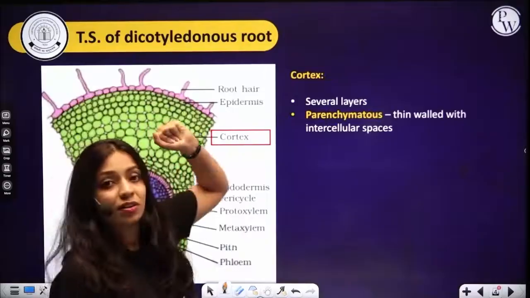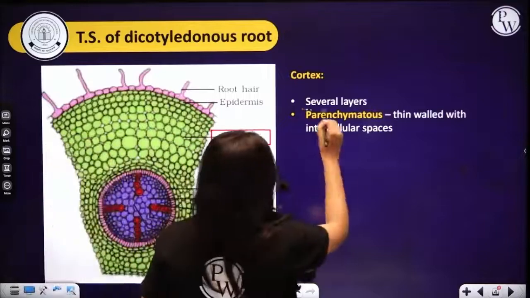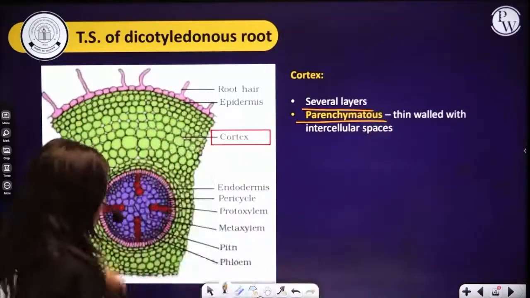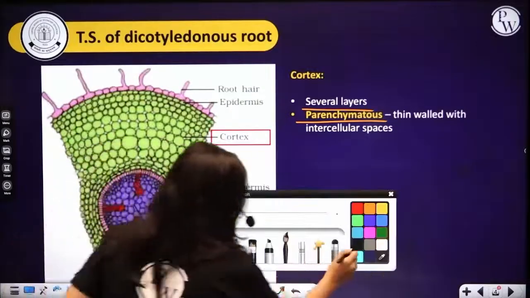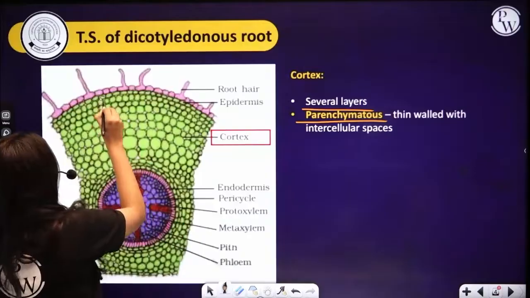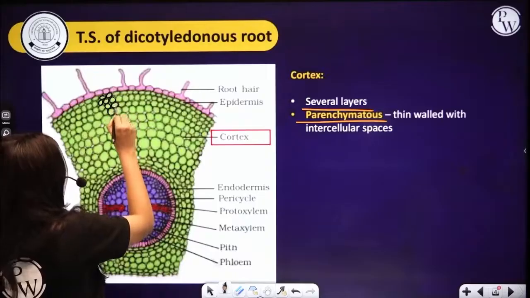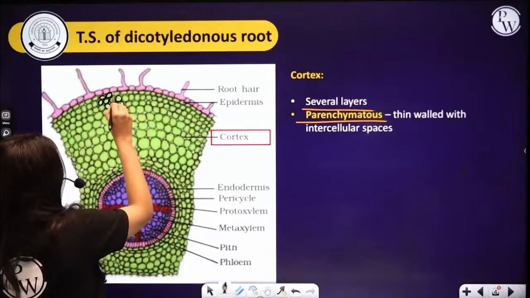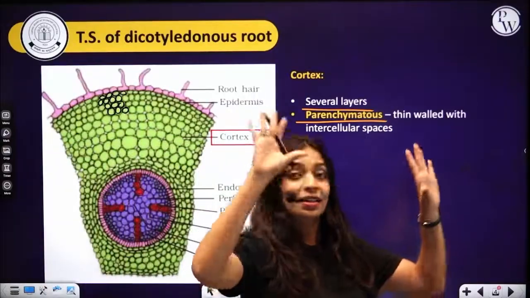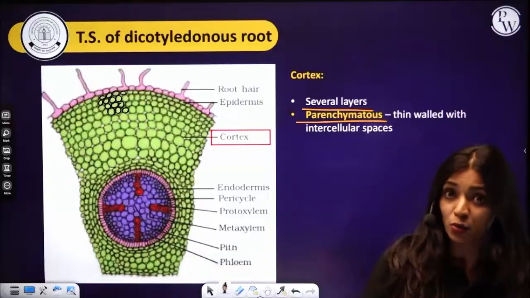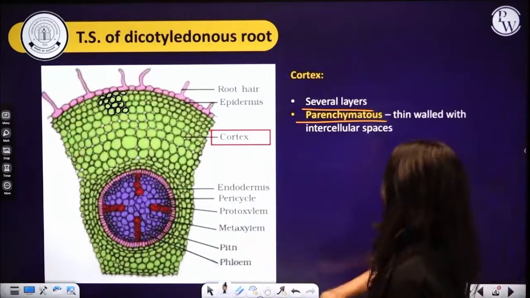Now let's talk about the region that follows the epidermis. Just below the epidermis, you have several layers of parenchyma cells. As you can see here, I'm going to outline them one by one. Let me use black. So you can see all of these cells here. These are also parenchymatous cells. Okay, so this region below the epidermis, which has many layers of parenchymatous cells which are thin-walled, that portion of the dicot root is referred to as the cortex.